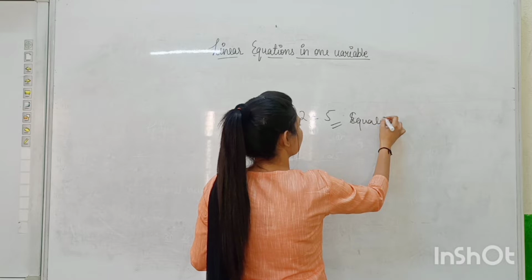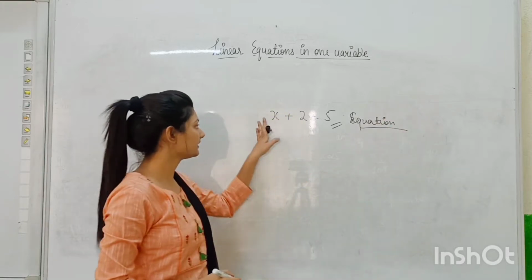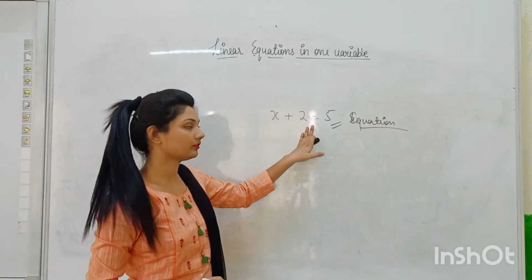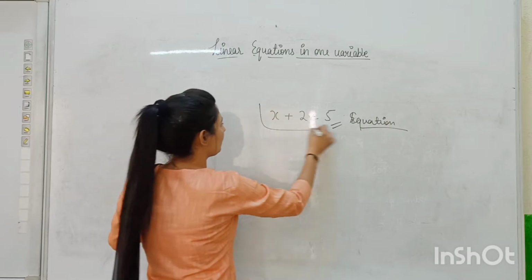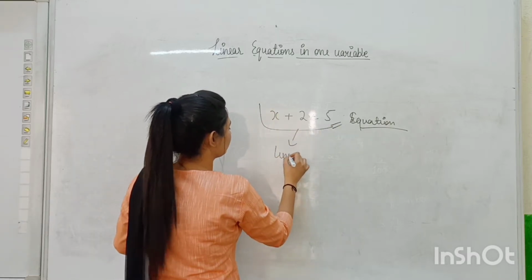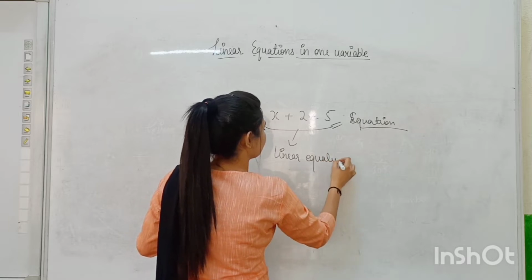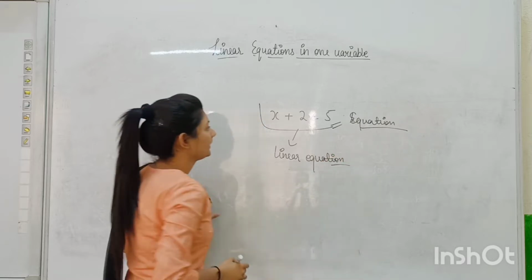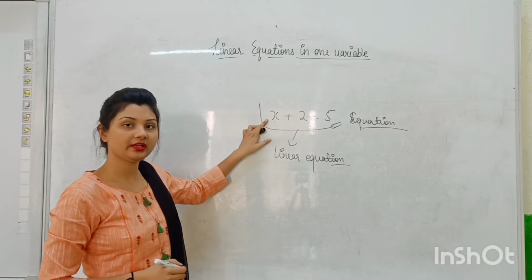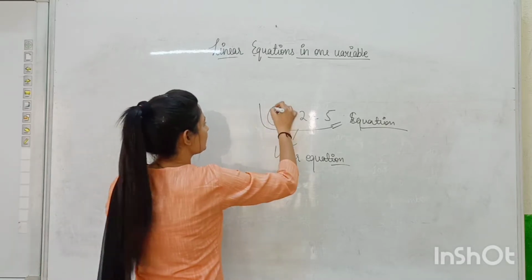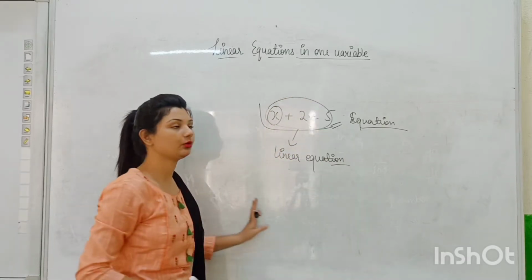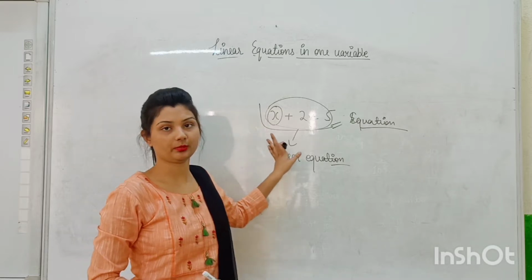Now because we are making the equations using the variables and the numbers, this is called a linear equation. And because we are using only one variable here, this is called the linear equation in one variable.